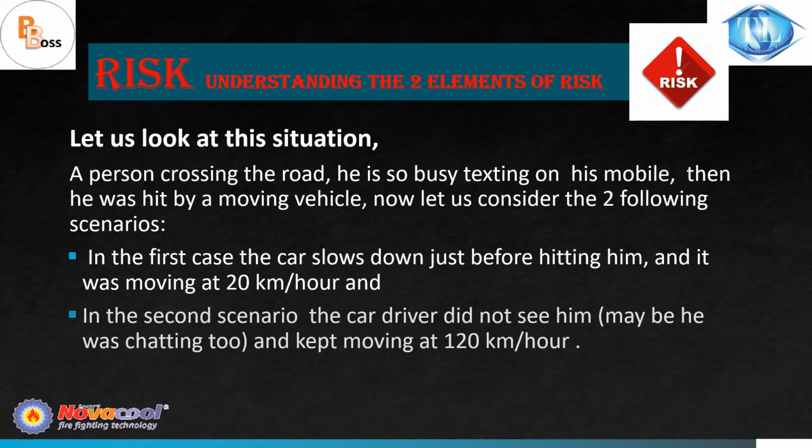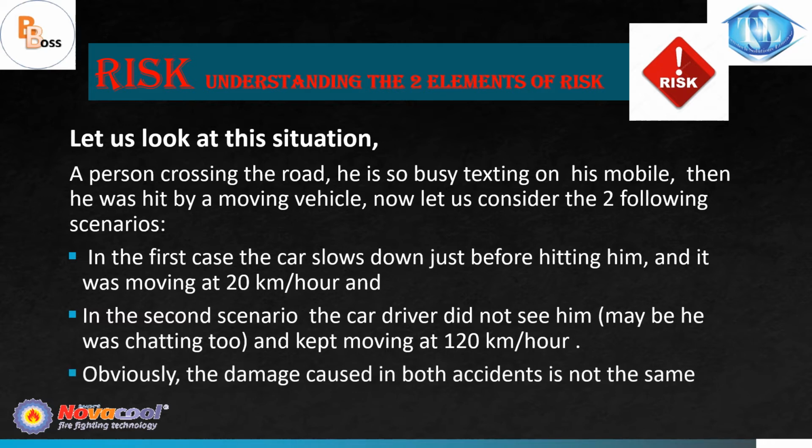And in the other one, the driver was also busy. Maybe he was also chatting or something distracted him, and he kept going at his speed, 120 kilometers, and hit the guy. As you can see, the damage in both cases is completely different.